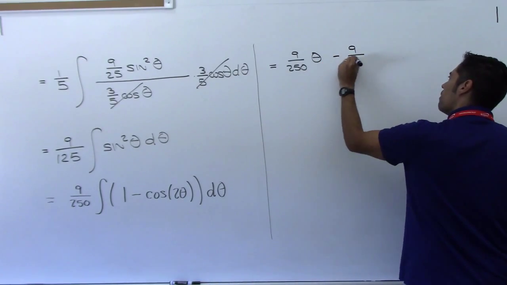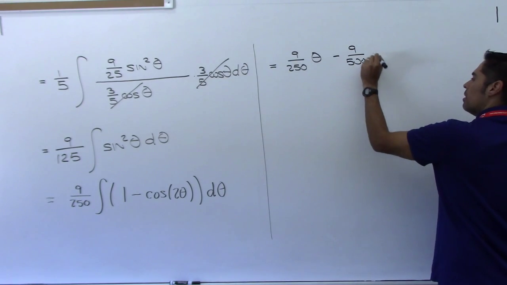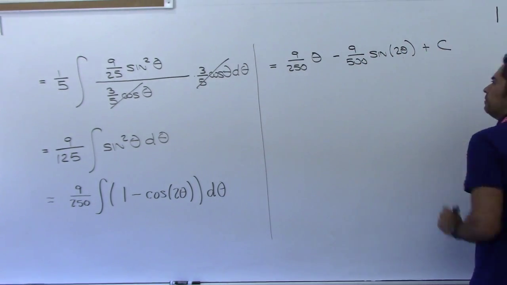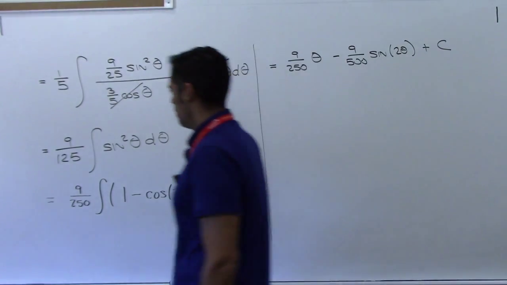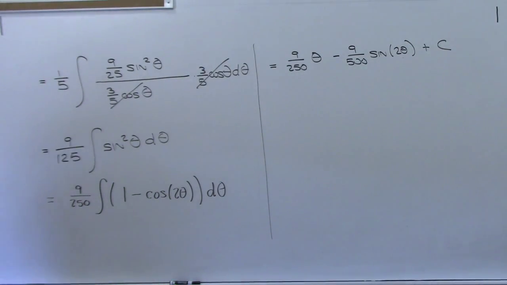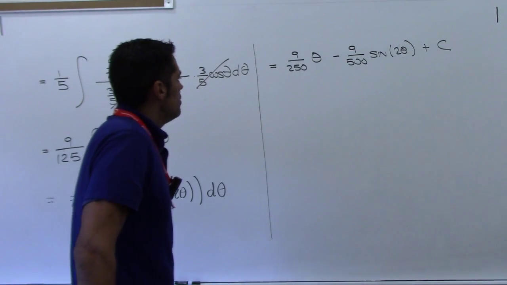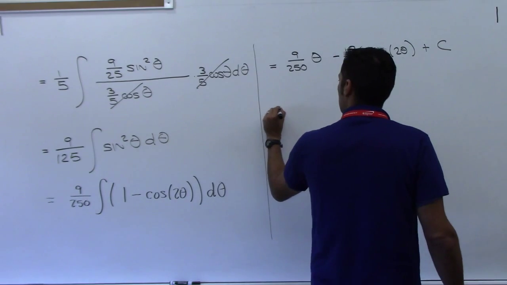Minus 9/500 sine 2 theta plus a constant. So we factor out the 9/250ths. Well, theta plus, or no?